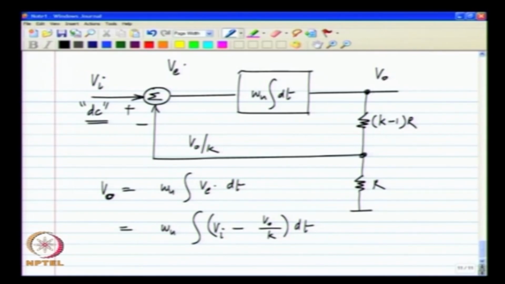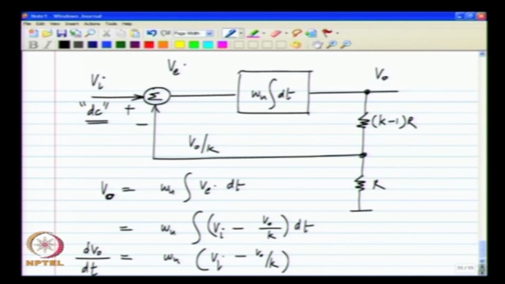Now, this can be solved, but it is easier if you write this in a differential form instead of an integral form. So, I will differentiate both sides and I will write the derivative of output equals omega u times V I minus V naught by k.